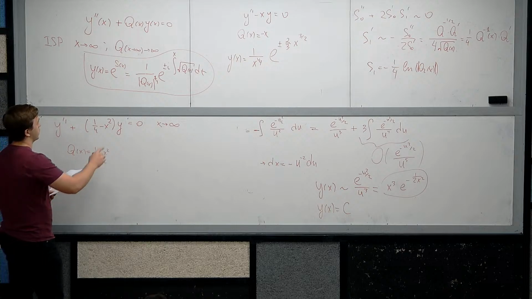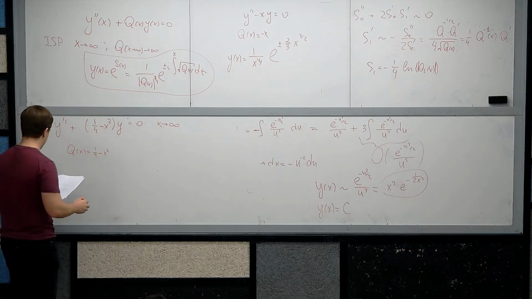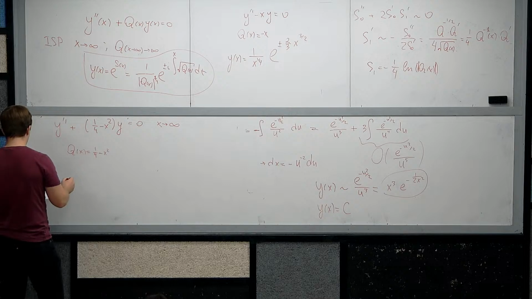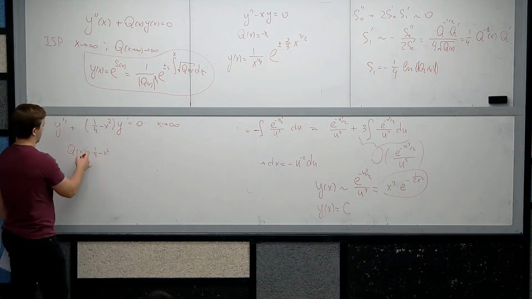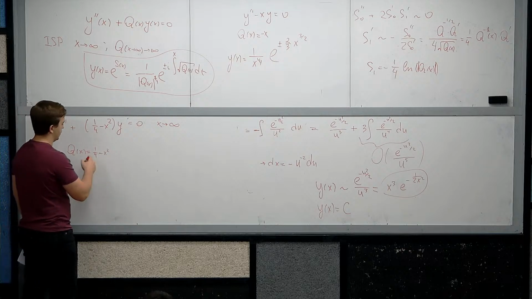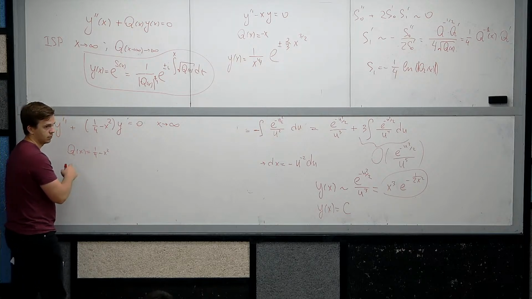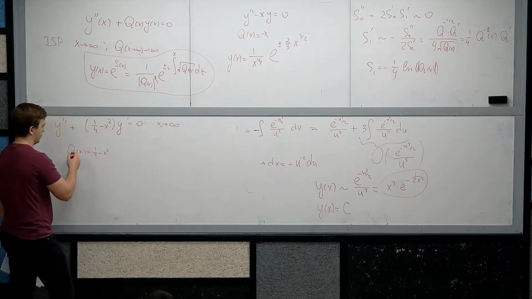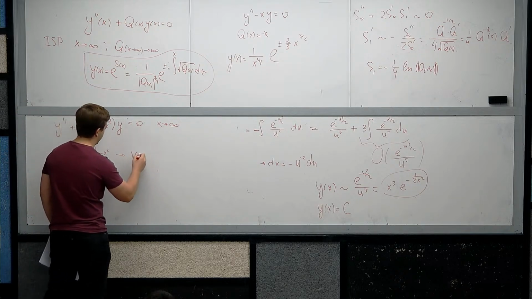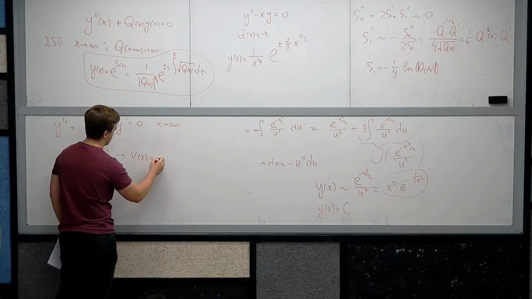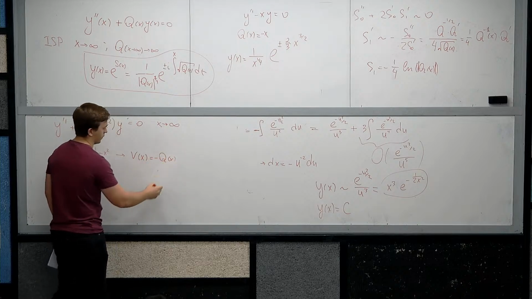So let's begin with the calculation of the integral. In this case, x goes to infinity. q of x will be less than 0, right? So let's use another function, v of x, which is minus q of x.